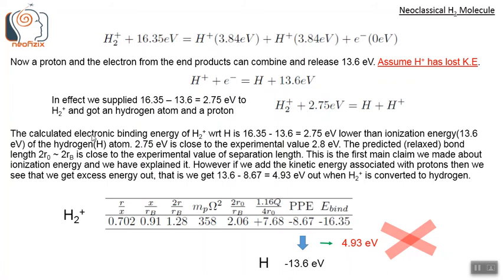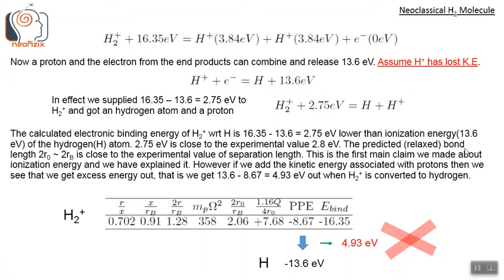So the calculated electronic binding energy of H2 plus with respect to hydrogen atom H is 2.75 electron volt, lower than the ionization energy of the hydrogen, which is 13.6 electron volt. So this is minus 16.35. It is lower than the minus 13.6 electron volts of the hydrogen. And 2.75 electron volt is close to the experimental value 2.8 electron volts.